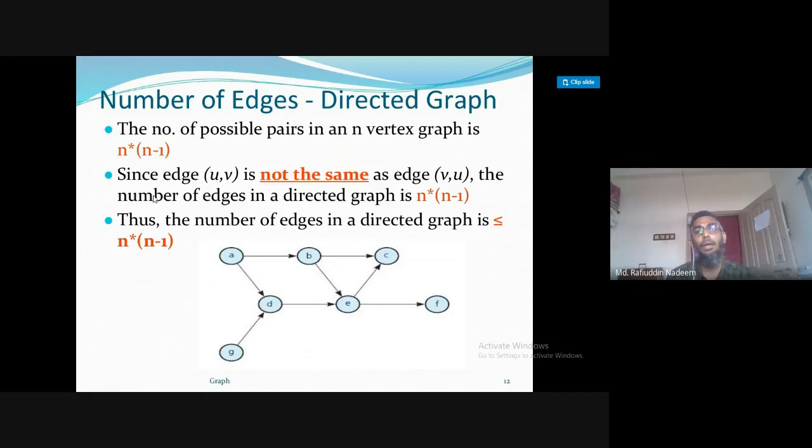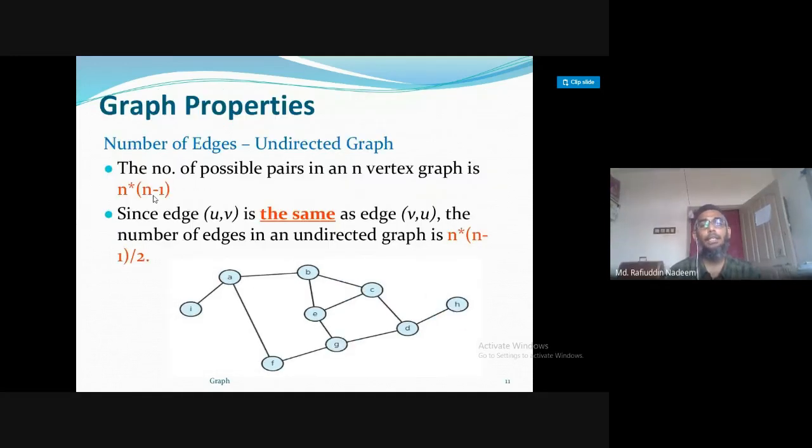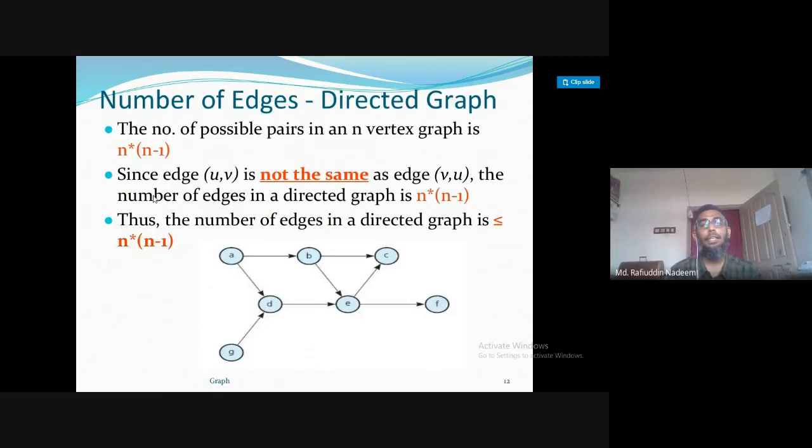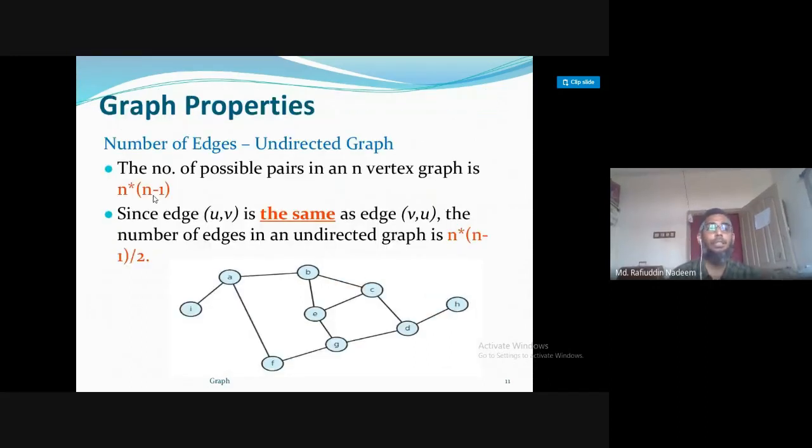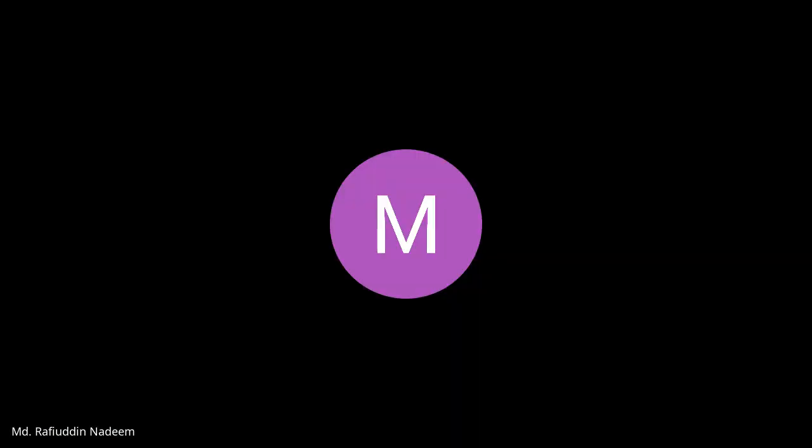Here the edge UV is not the same as edge VU, whereas previously both edge UV and VU were the same.